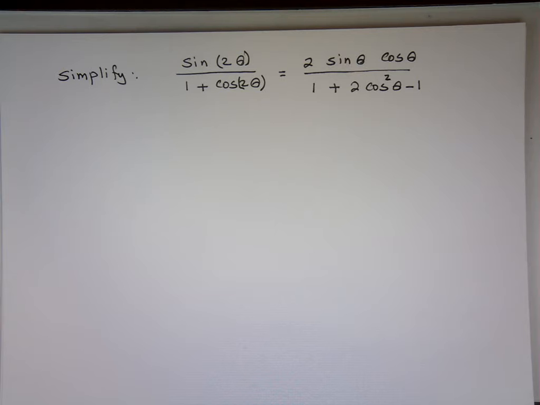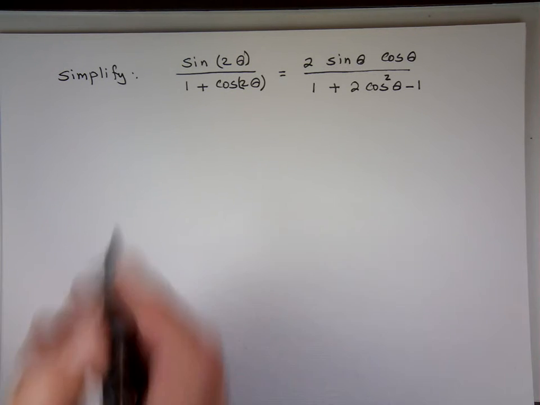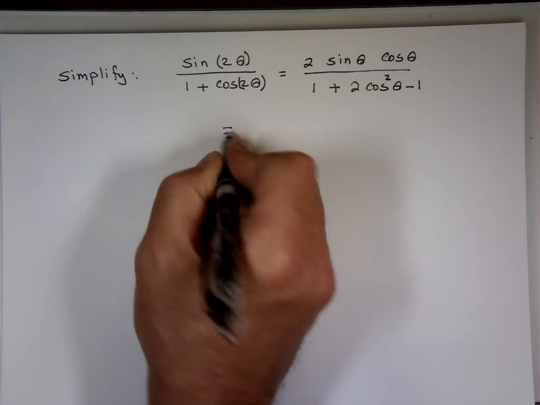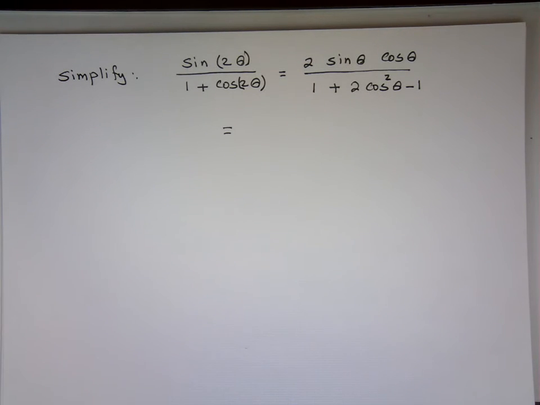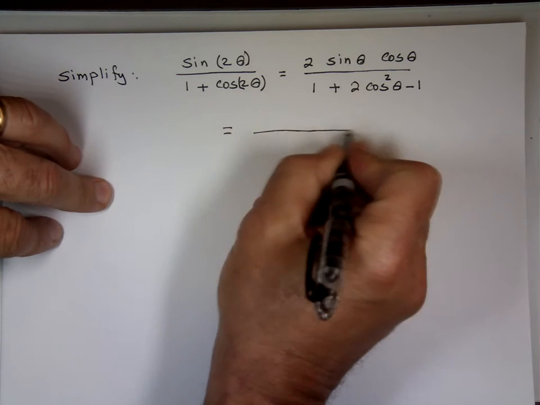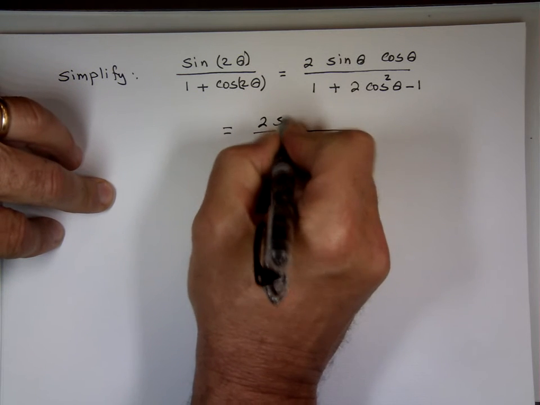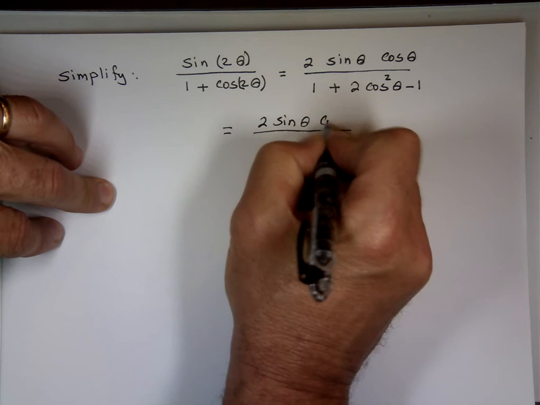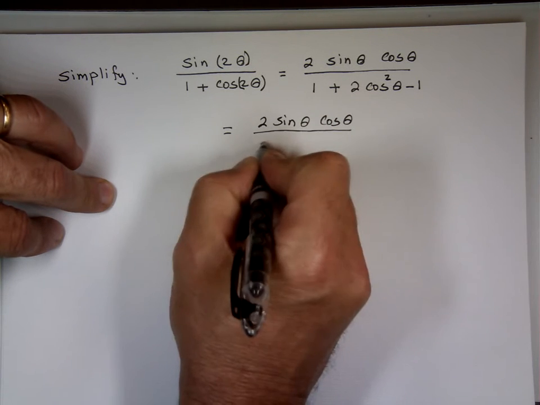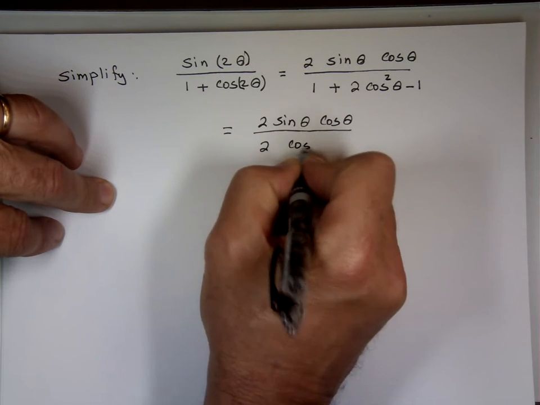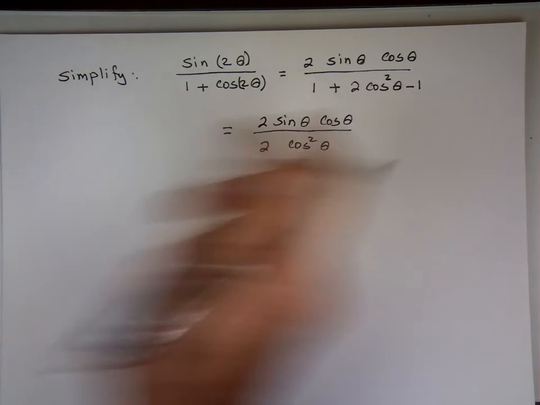Now what's going to happen to the 1 and minus 1? They cancel each other out. So I will have 2 sine theta cosine theta over 2 cosine squared theta. The 2's will cancel each other out.